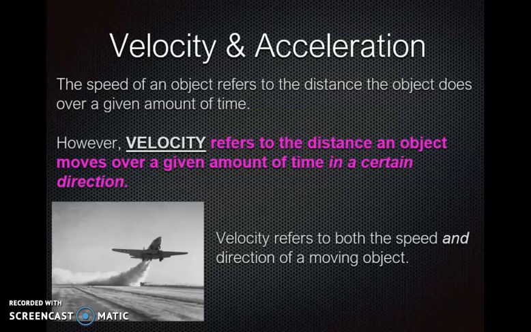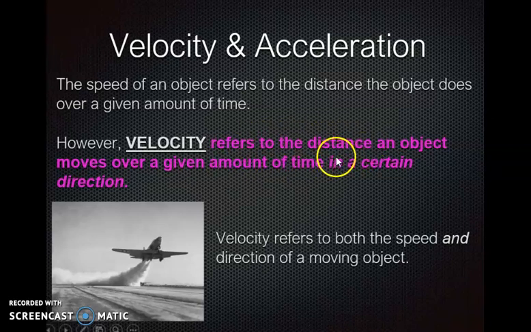So what is velocity? We know that the speed of an object refers to the distance the object goes over a given amount of time. However, when we're talking about velocity, it's taking that same definition of motion, but it's adding something else. So it refers to the distance an object moves over a given amount of time. That's the definition for speed.